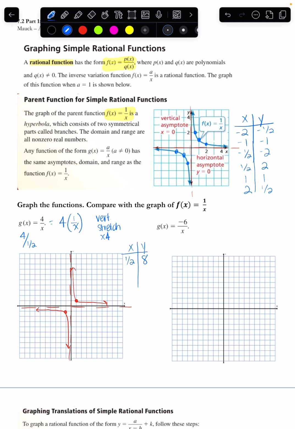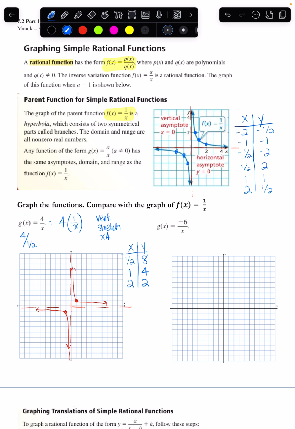I'm dividing fractions, so that 1/2 is going to end up being multiplied by a 2. If I put in a 1, I would be getting a 4. 4 over 1 is 4. And then if I put in a 2, 4 over 2 is 2.